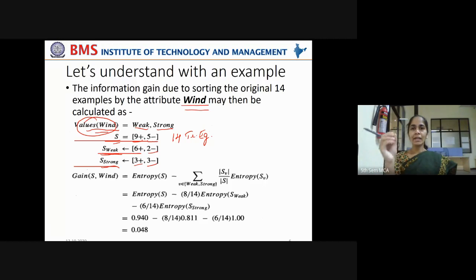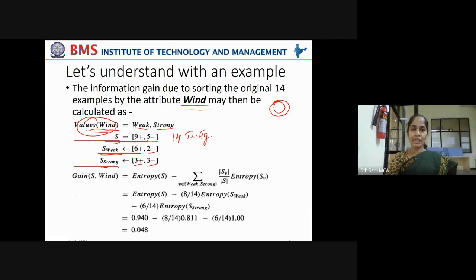In the first step, it will calculate the information gain for all the attributes, outlook, humidity, wind, like that. Now, wherever the information gain is high, that will be placed at the root node of the decision tree, because it gives more information gain, because it reduces the uncertainty in the classification. Got it? That is why the information gain should be more for the attribute selected at the root node.